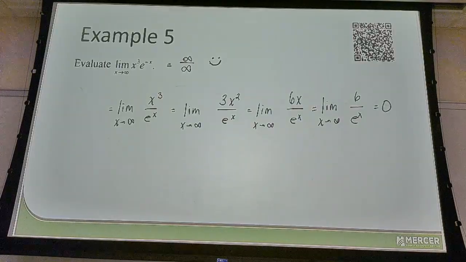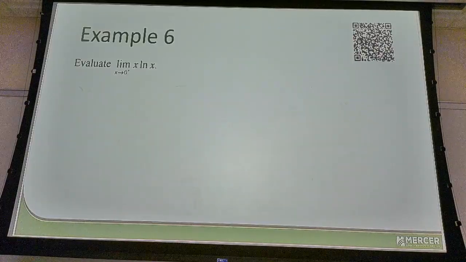Good. What do you get? 0 over 0. No, no, no, okay. What do you get? 0 over 0. 0 over negative infinity times 0.